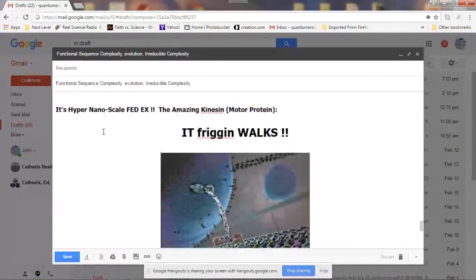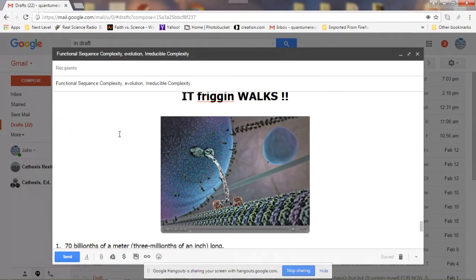So, my favorite. This has a lot of memories for me. It's a hyper nanoscale FedEx. The amazing Kinnison. Ladies and gentlemen, this thing walks. They're in your cells. And why it's so special to me is when my daughter was 8 years old, I brought her in here and we had a little discussion about Kinnison.